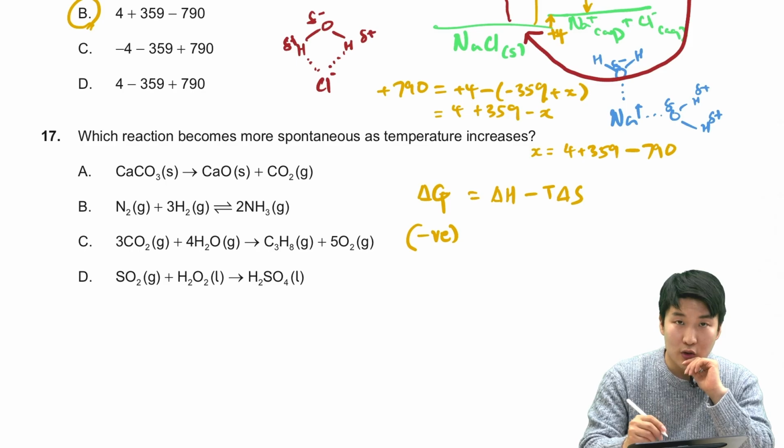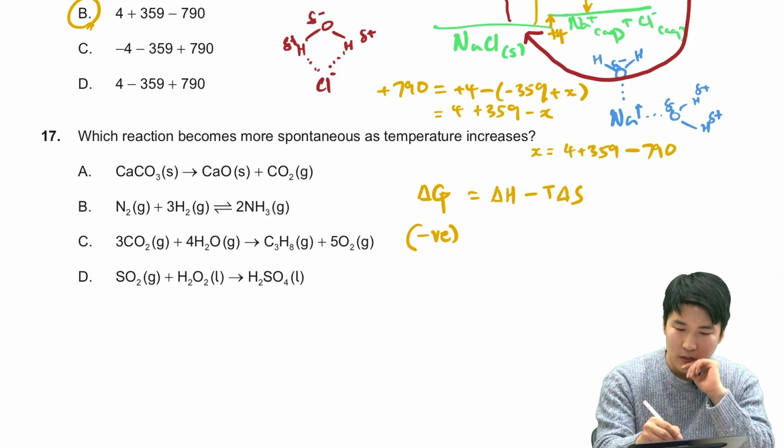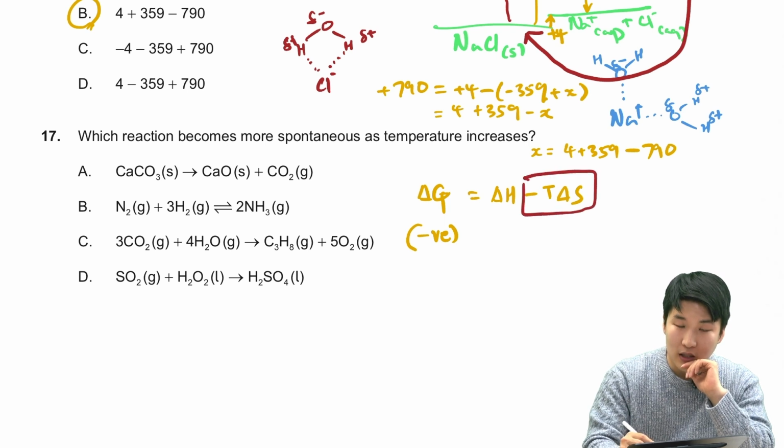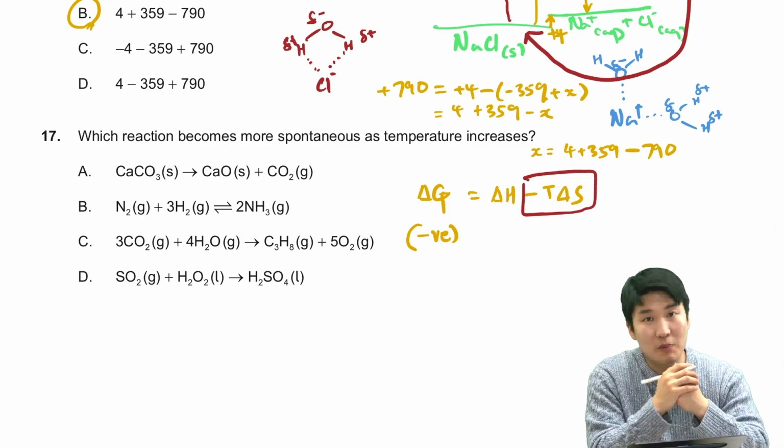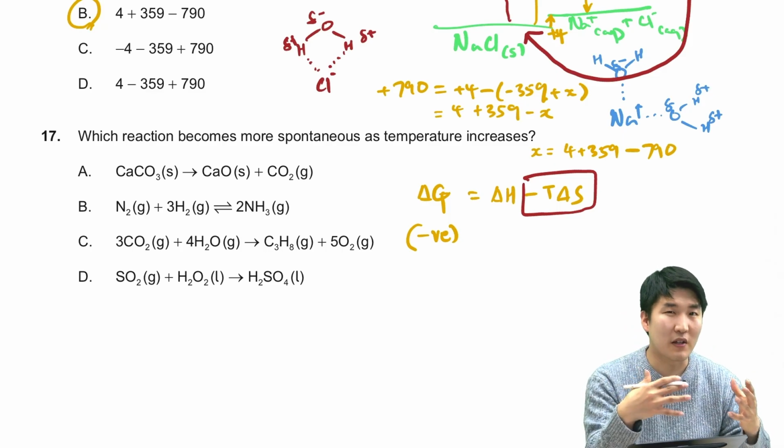In order for delta G to be negative, we would need minus T delta S to be as negative as possible, which means delta S needs to be as positive as possible.